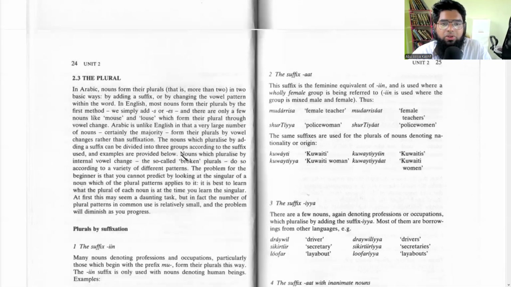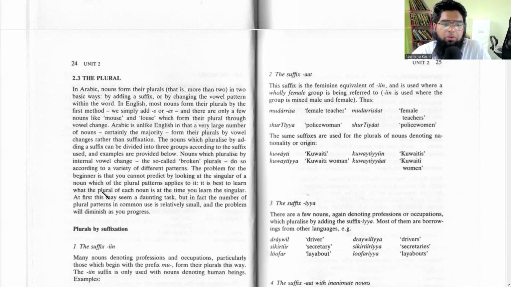So suffixes are added at the end, like una: muslimun, muhandisun. Nouns which pluralize by internal vowel change are called broken plurals. They don't have any specific patterns, so you have to do it according to a variety of different patterns. The problem for a beginner is that you cannot predict the plural by looking at the singular.